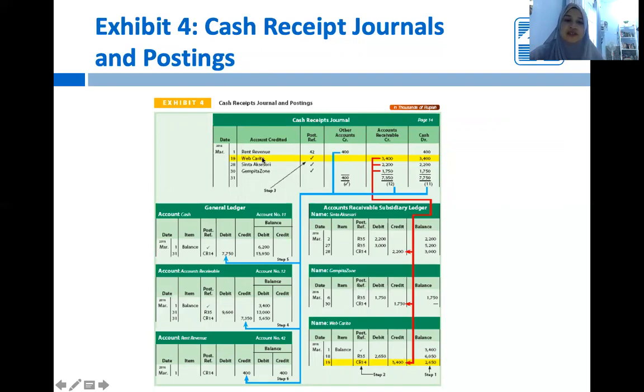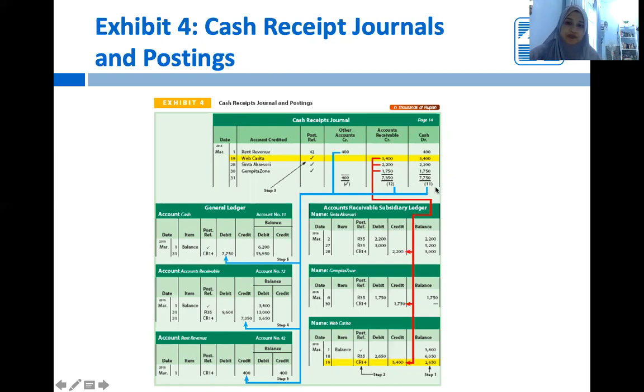Whenever there is a transaction, we record the transaction of cash receipts in the cash receipts journal, and then we post accordingly to the specific subsidiary ledger. Let's say payment from Web Carita, 3,400. Then we need to update the subsidiary ledger of Web Carita. And then the total at the end we post.